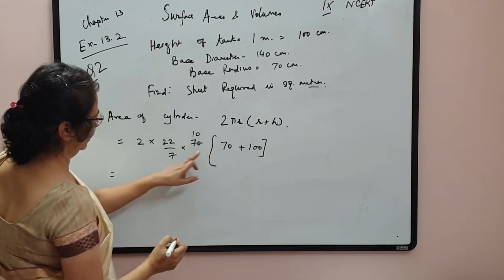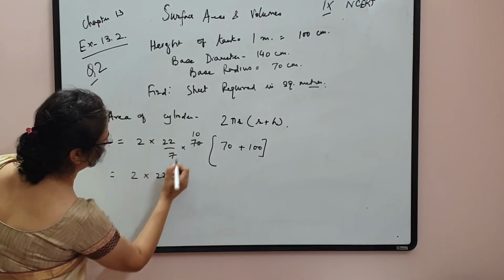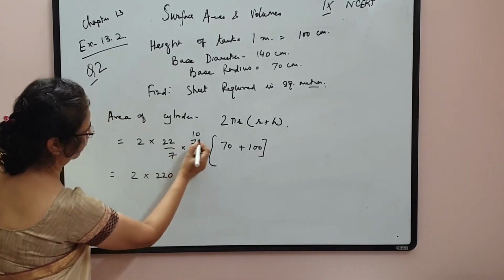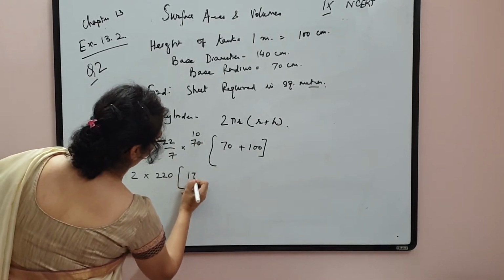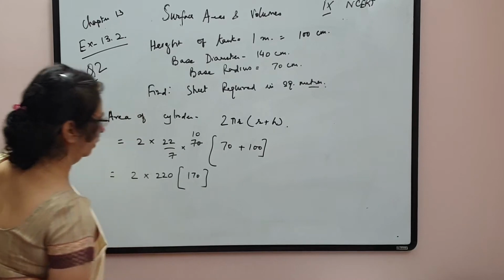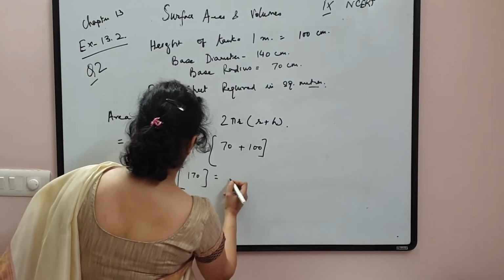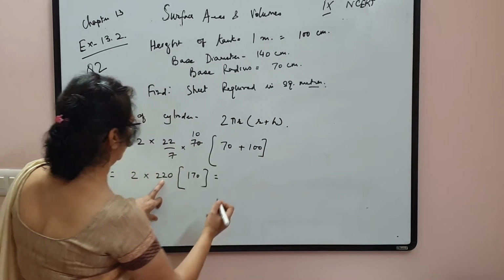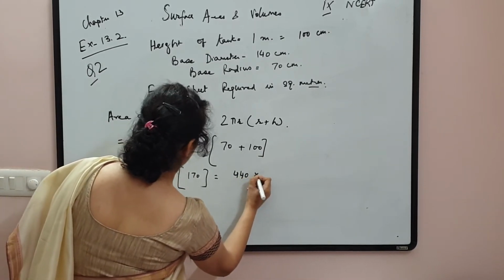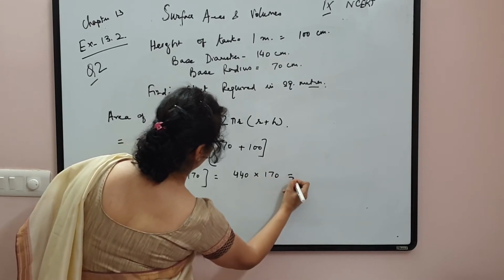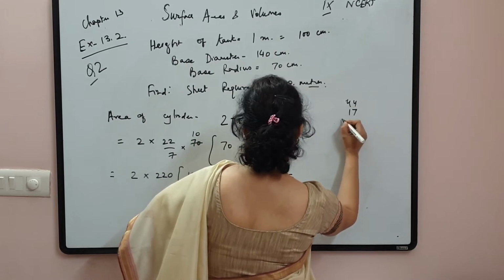So this becomes 2 into 22 into 10, which is 220. And 70 plus 100 becomes 170. Multiply this now. 2 into 22 is 44, and 10 is here, multiplied by 170. Now make this multiplication, 44 into 17.